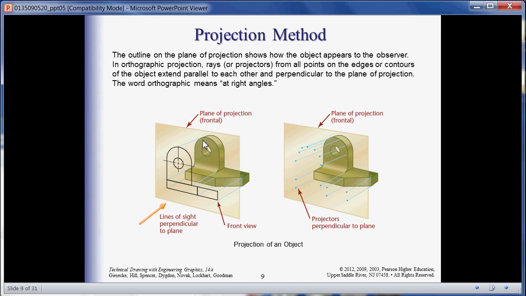When the rays come off of that part to a plane of your observation, this is what you see. Since we have two eyes, we see in stereo, so that's what gives us the ability to see depth. But for drawing purposes, we just assume that there's a plane that we're looking at. And obviously, as the rays project, there's little dots that create the outline of that part.